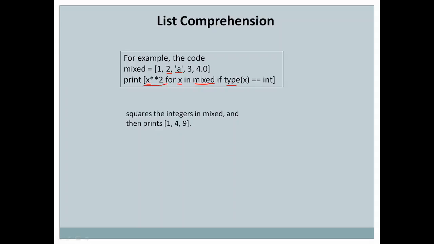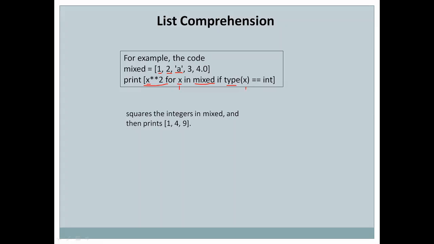So initially when we execute for x in mixed, the initial value in mixed is 1. So 1 is assigned to x, so x will become 1, and then inside the for we have a condition, type of x, meaning type of 1.